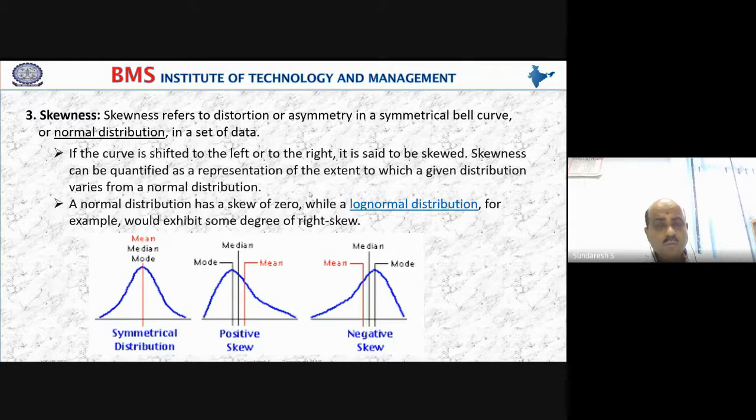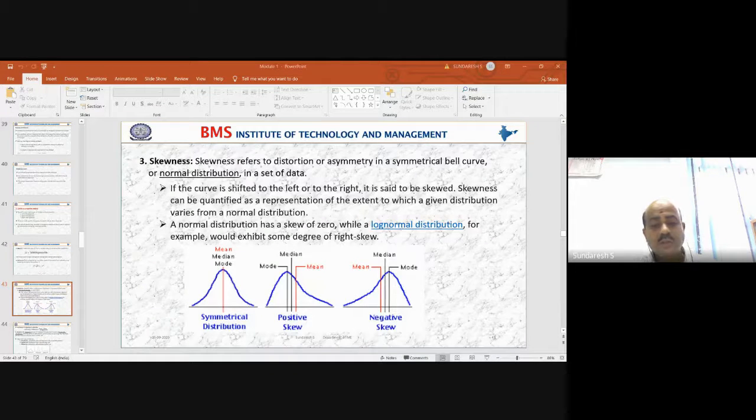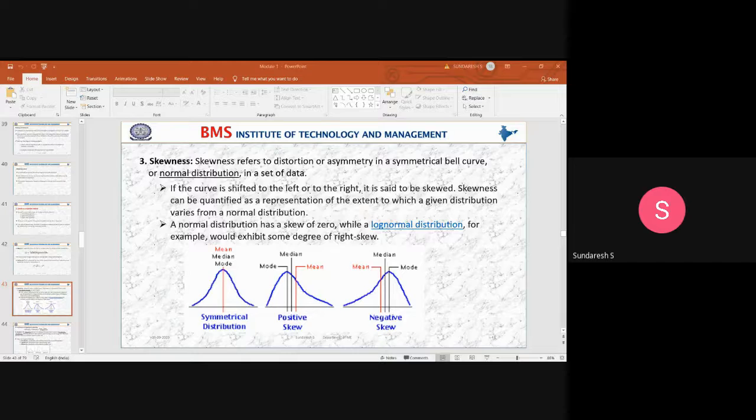Before I move on to the definition of skewness, I hope you have studied the normal distribution curve. Am I right? Does everybody have familiarity with the normal distribution curve? Hello? Yes, sir. Normal distribution curve. It is just like a bell curve.